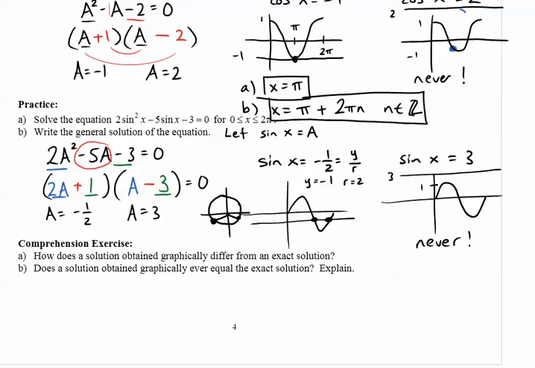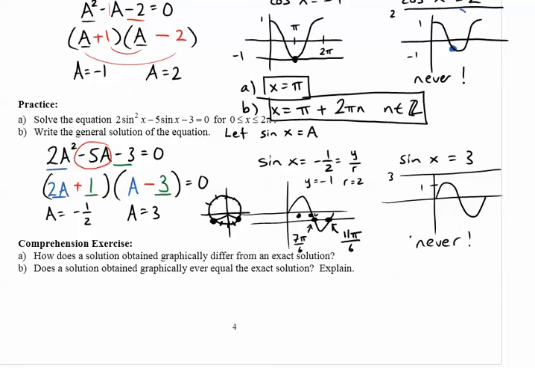So I have 1, 2, 3, 4, 5, 6, 7 pi over 6. My first answer is 7 pi over 6. And my second answer, 7, 8, 9, 10, 11, is 11 pi over 6.